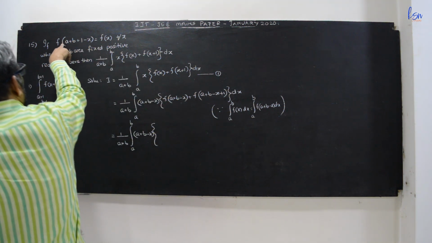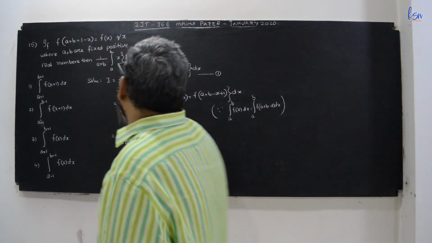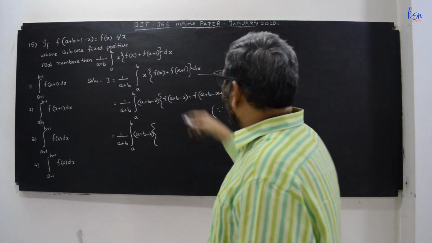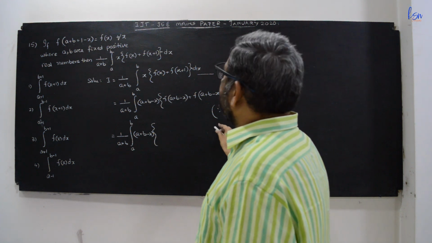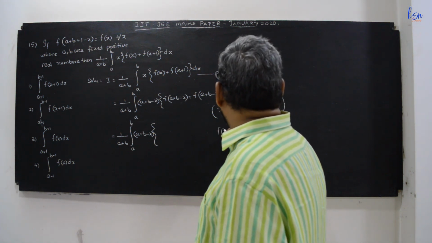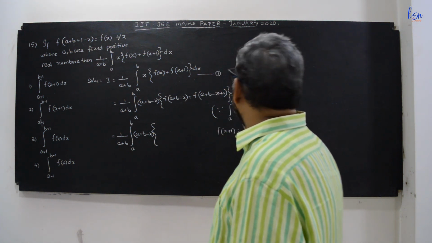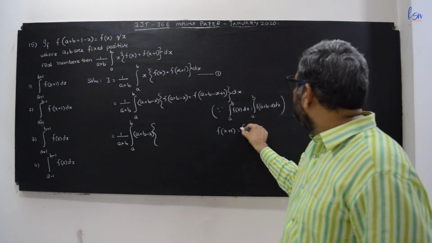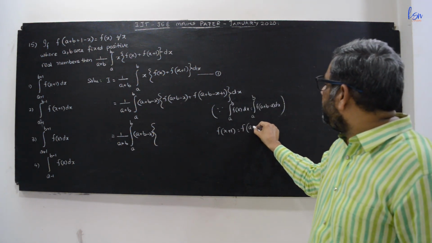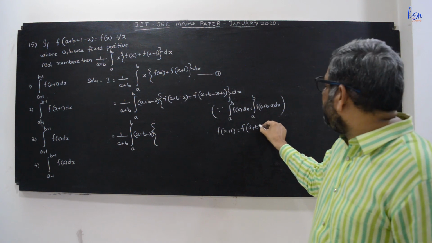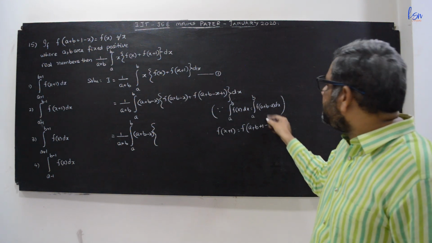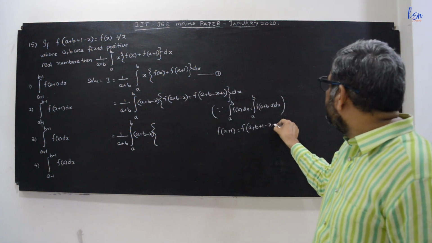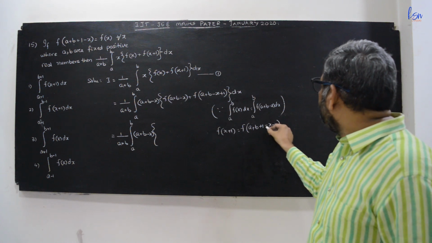Here f of (a plus b plus 1 minus x) is equal to f of x, the given condition. Put x equal to x plus 1. We have f of (x plus 1) is equal to f of (a plus b plus 1 minus x plus 1 minus 1). This 1 and 1 get cancelled.